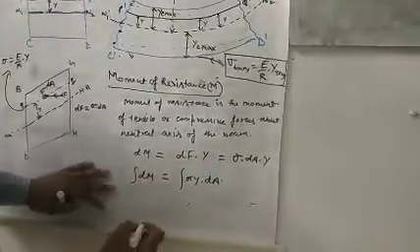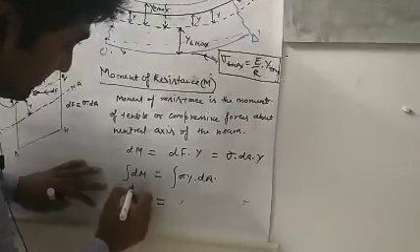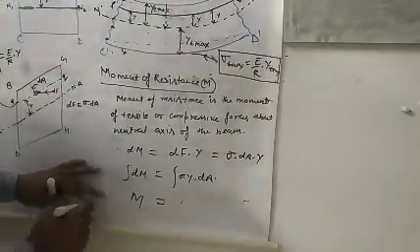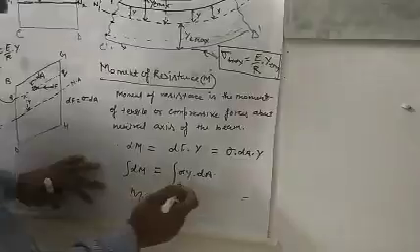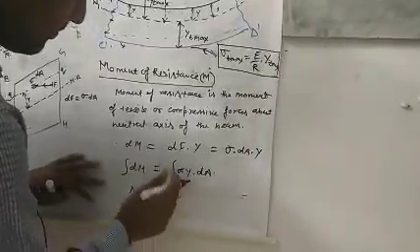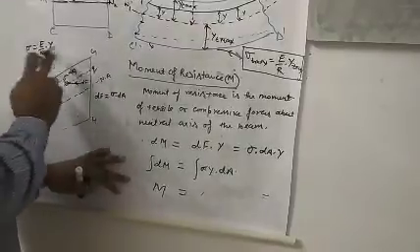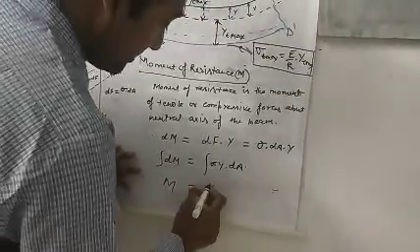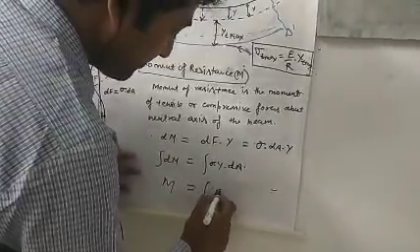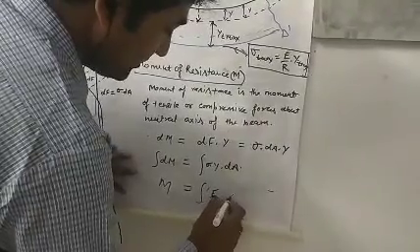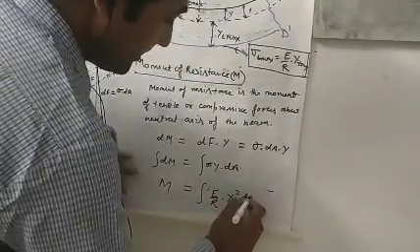Clear? Now, here M is the moment of resistance for this layer, and y into sigma, put the value of sigma. We know that sigma for this layer is E upon R into y, then the expression will be E upon R into the integral of y square dA.